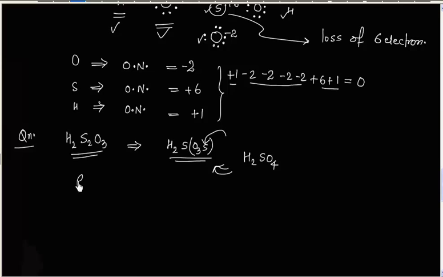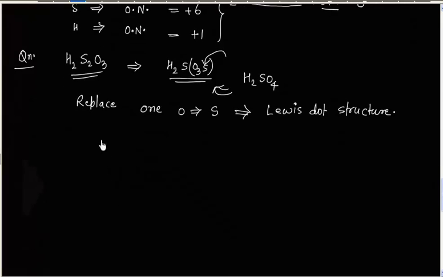So if I replace one oxygen with sulfur, then we can get the Lewis dot structure for H2S2O3. So this part is slightly tricky, you have to remember. And this is the structure of H2SO4.